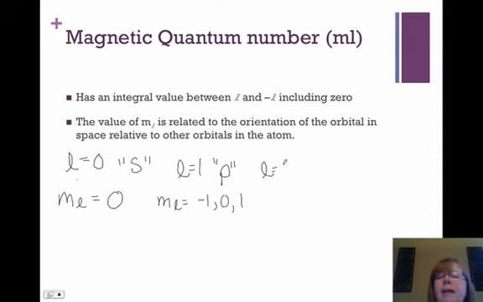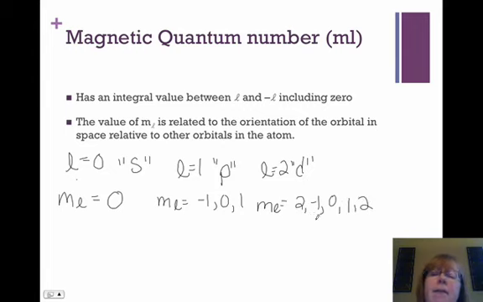Let's go to l is equal to 2. So we're talking about the d orbitals. And our values of m sub l could be negative 2, negative 1, 0, 1, and 2. Looks like we can have 5 different quantum numbers for our d orbitals. And then let's look at l is equal to 3.